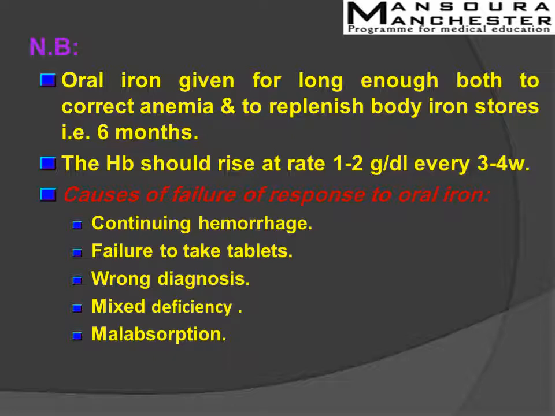Sometimes patient non-compliance, for example, failure to take tablets. Sometimes a wrong diagnosis if we didn't do investigations to confirm or rule out iron deficiency anemia well. Mixed deficiency, and lastly malabsorption. That's why the patient cannot get benefit from the oral iron.